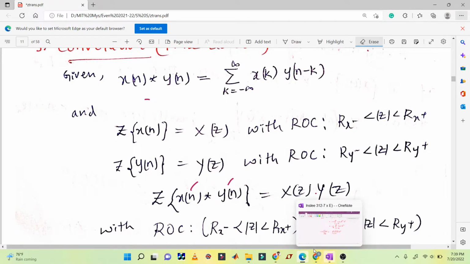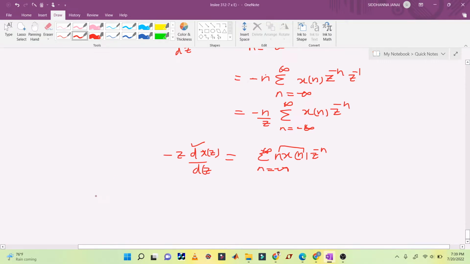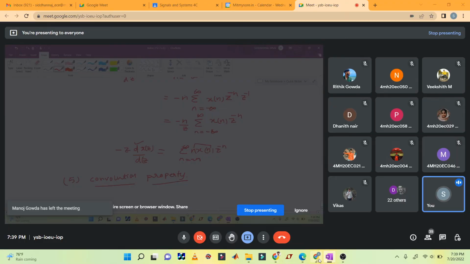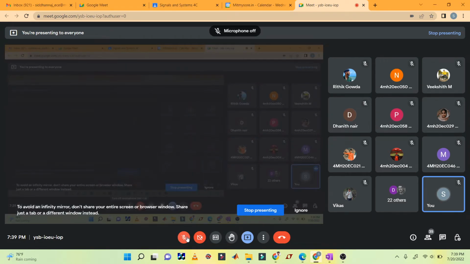Okay, let us prove this property. Fifth one, convolution property. Any doubt? Let me know.